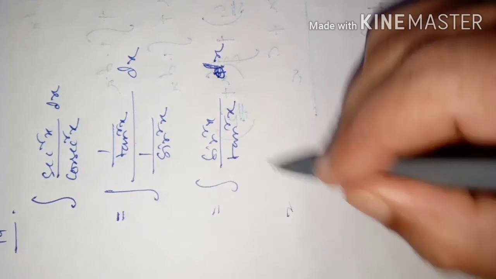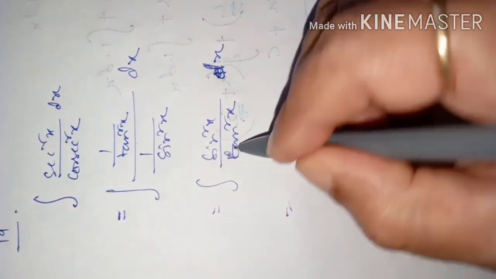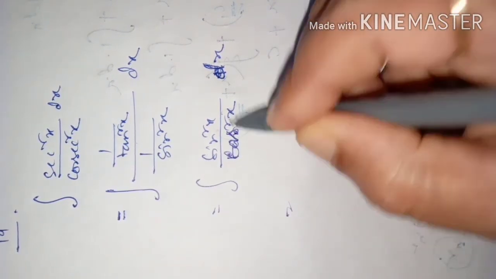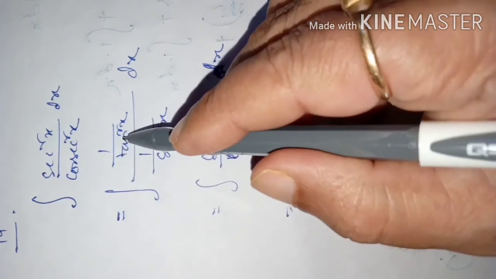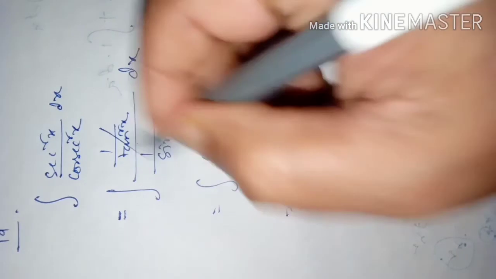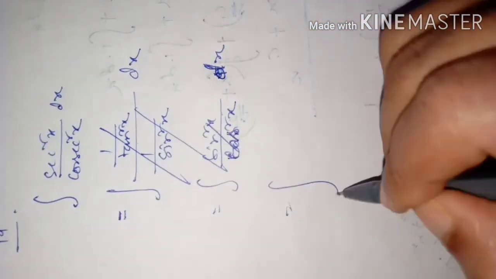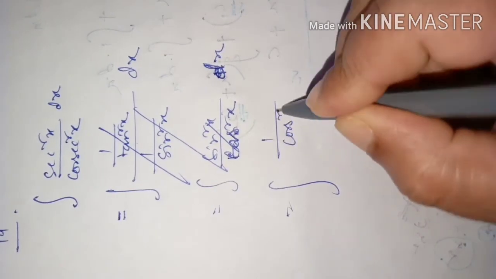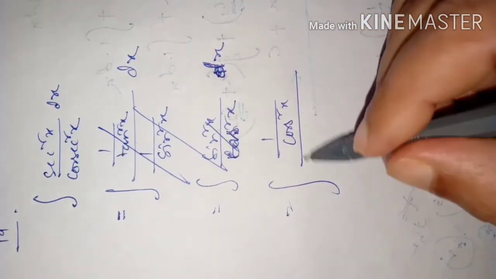Then sin square by cos square. Sorry, dear students, these two lines you cancel. Sec square is 1 by cos square, what I wrote was 1 by tan square, sorry.